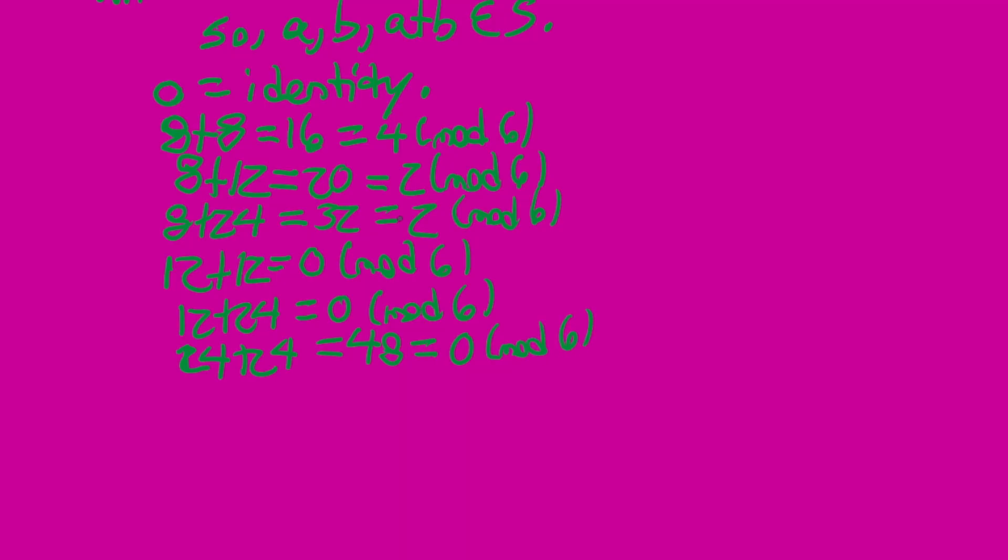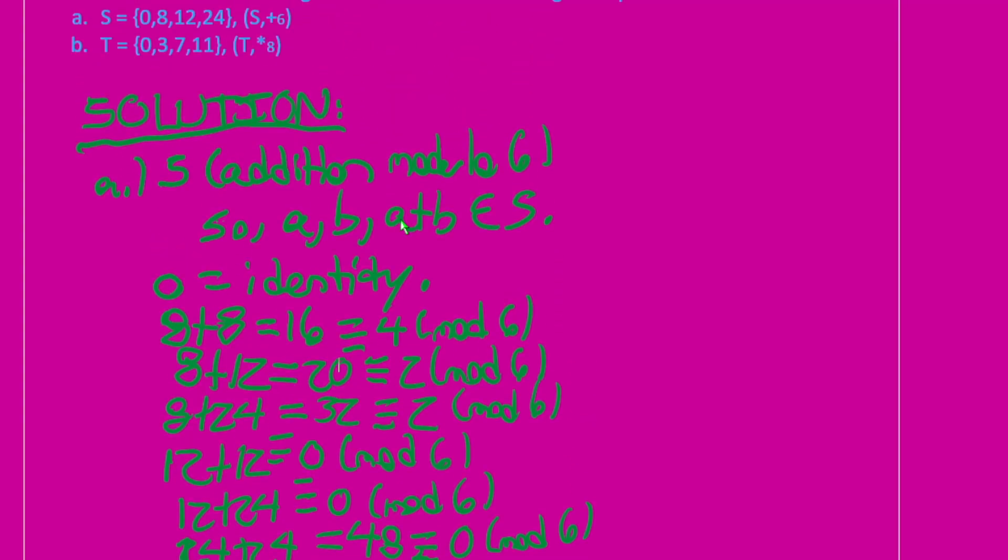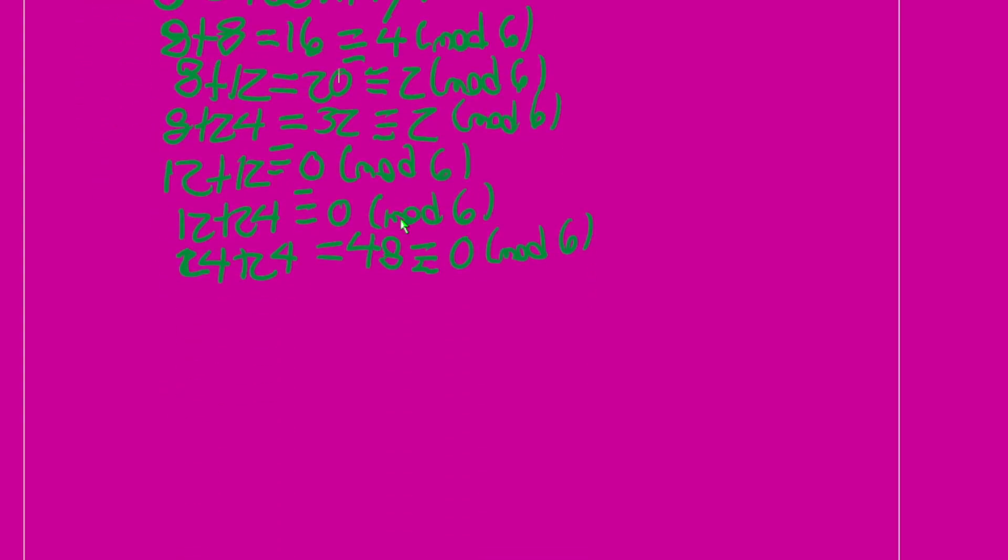So let me put logically equivalent, because that's generally what you do for congruence of integers. Okay, so I think that's all the addition operations we look at with these elements.